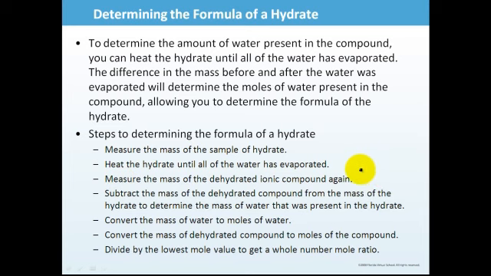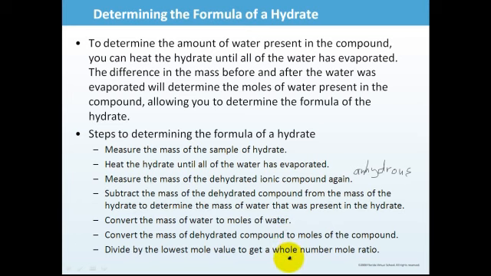Dehydrate is also called anhydrous. In other words, it has no water. I'm just spelling it over here for you in case you ever come across it. Anhydrous. Then we subtract those two masses to get the mass of the water. And then we're just going to do some converting. Convert the mass of water to moles. Convert the mass of the dehydrate to moles.